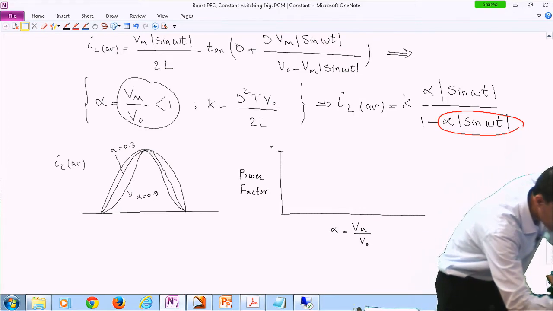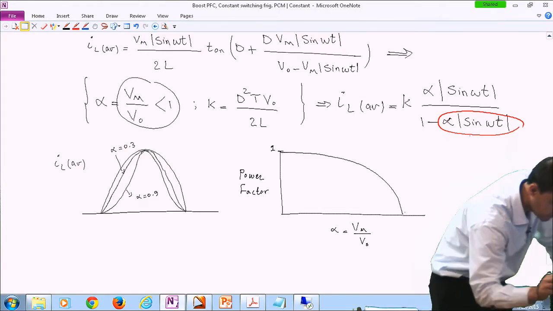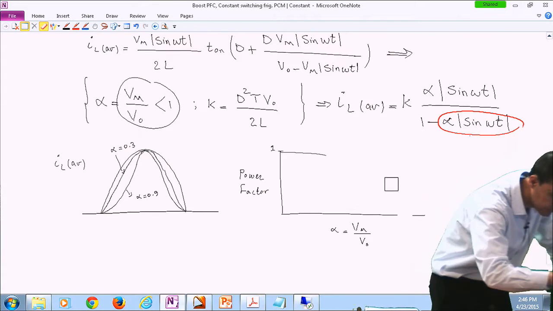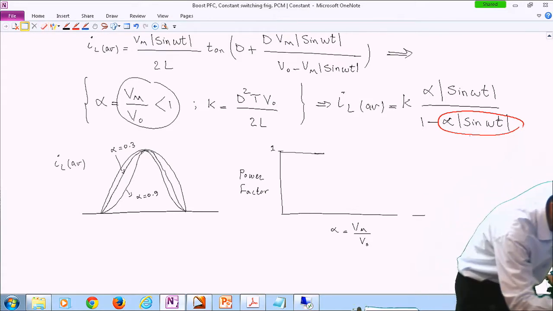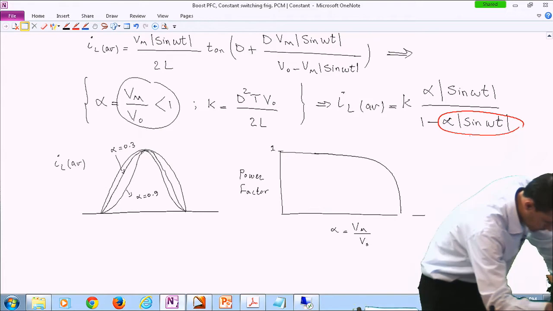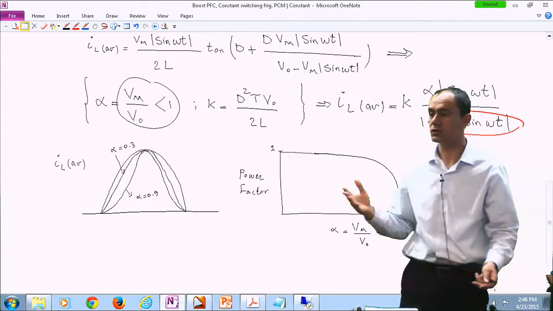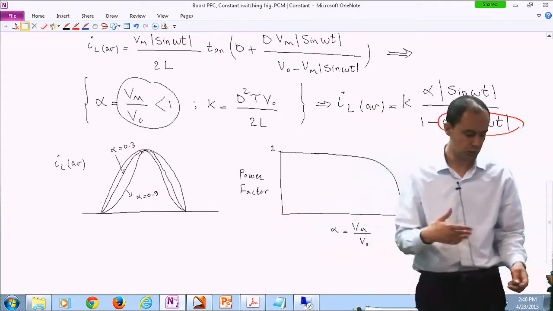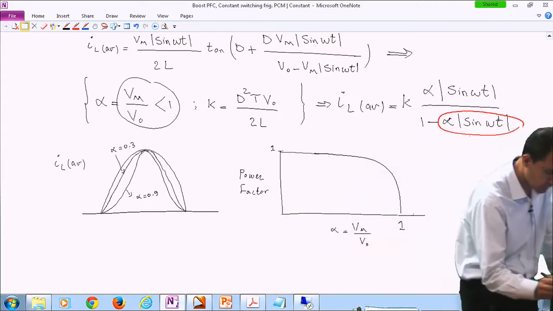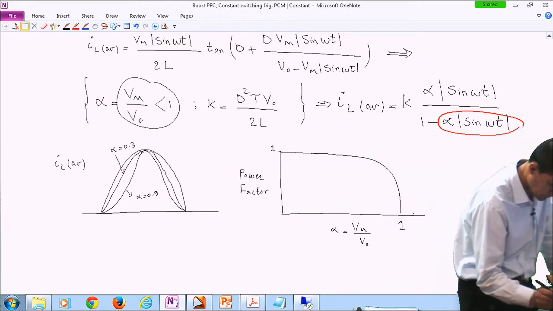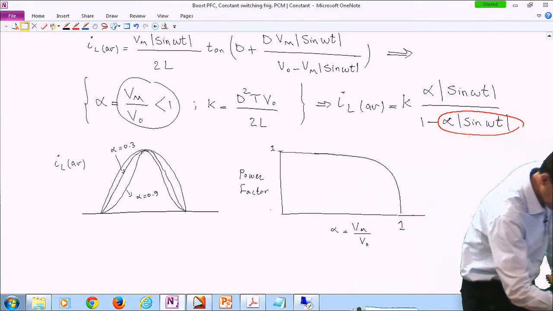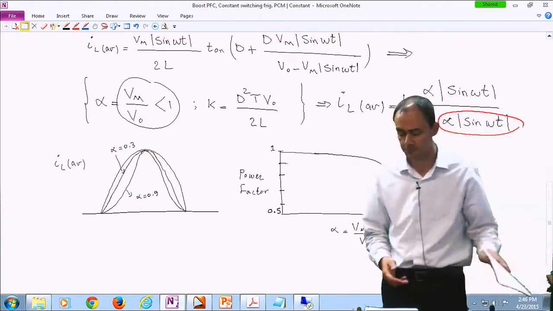The best power factor is obviously 1. Obviously, alpha is not supposed to get larger than 1 because it's the boost converter. The output voltage is always larger than the input voltage. And you get something like this.